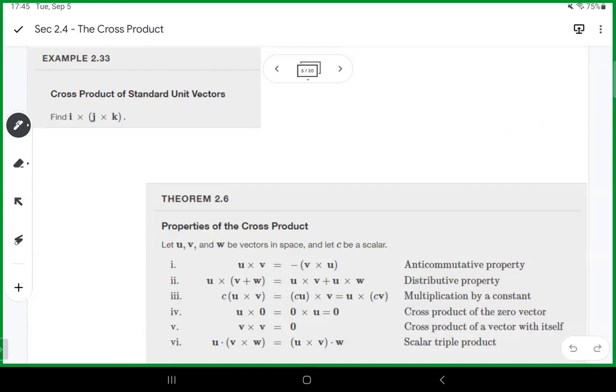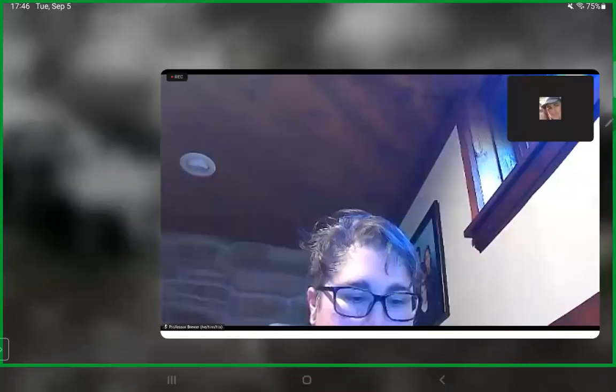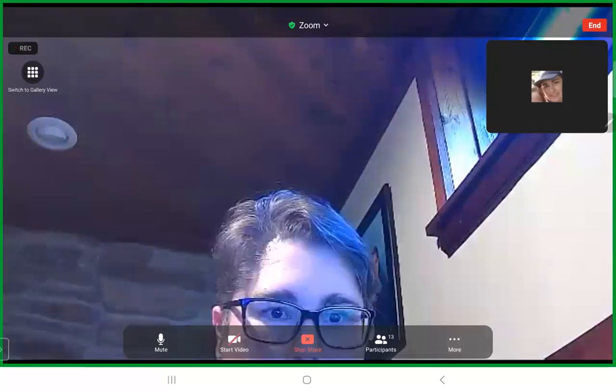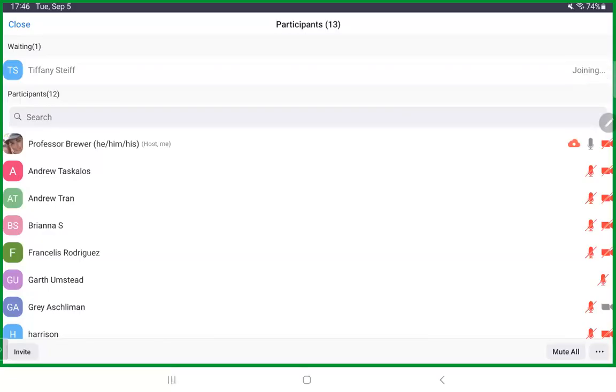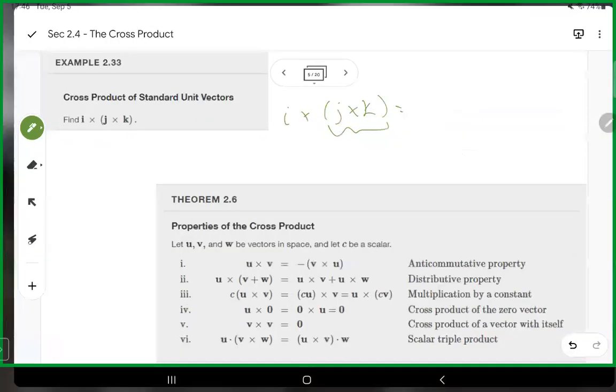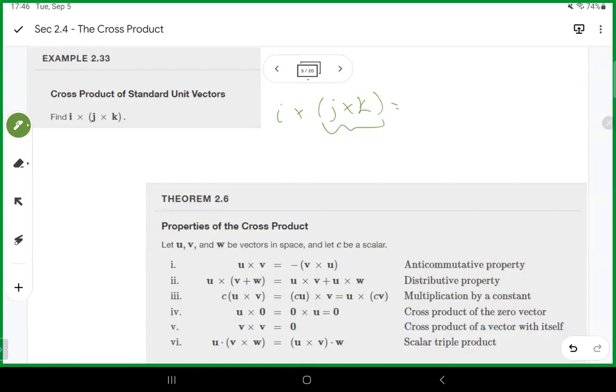So like I was saying before, once you know what that is, if you were doing this problem and we have i cross j cross k, then we know that the second part, the j cross k, from what we just talked about, is equal to i.